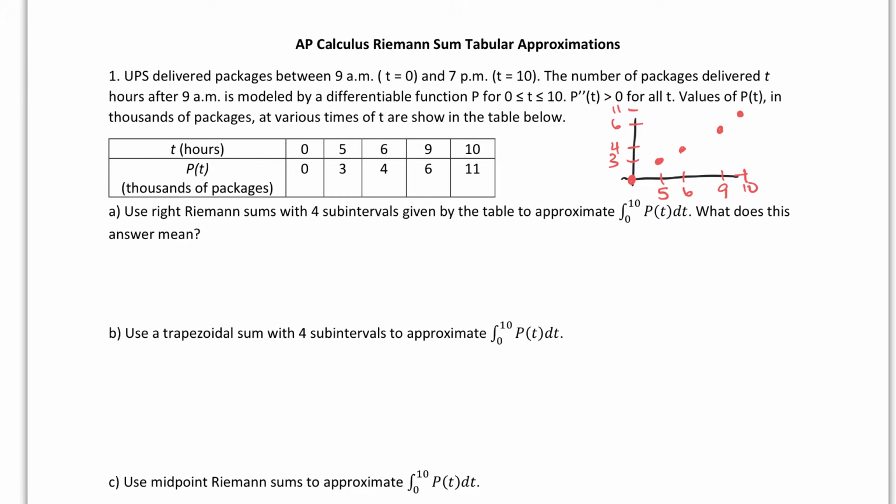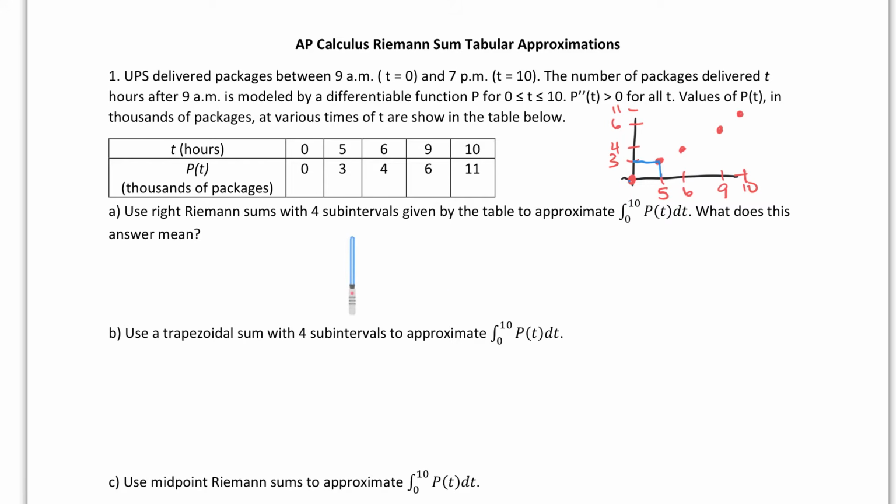Now, since it's differentiable, we know it's continuous, so we don't have to worry about that, and we know the second derivative is greater than 0, so it's concave up the whole time as well. So use right Riemann sums with 4 subintervals. To use a right Riemann sum here, I would need to make right rectangles like that. Notice I didn't use this point right in here because I need to use the right point.